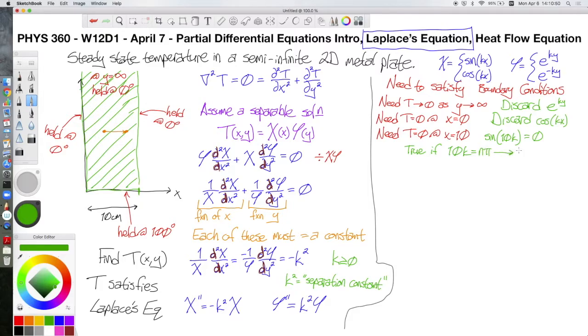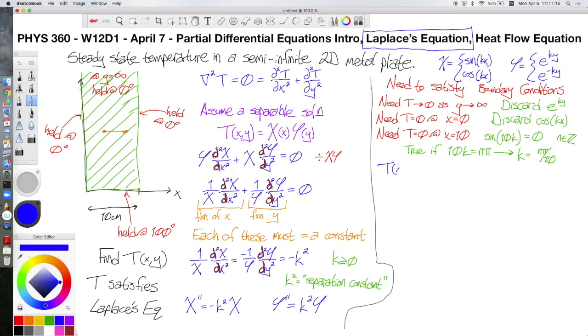So this tells us that k has to be equal to n times pi over 10, where n is an integer, specifically a positive integer.